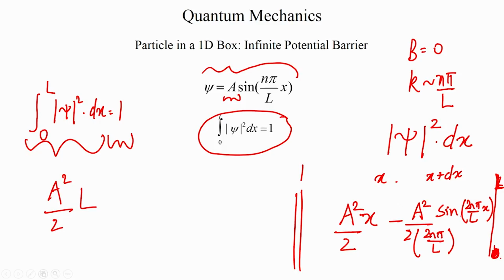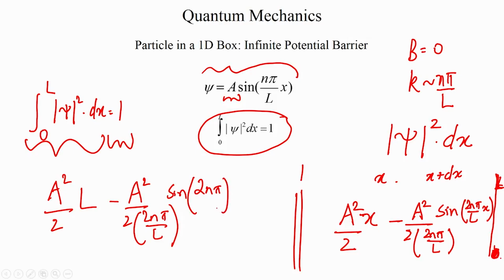And the second term, when I throw in an L there, you should get minus A square by 2 into 1 over 2n pi by L, sine of 2n pi. And when I throw in a 0 there, I just get a 0, so minus 0. So this entire term must be equal to 1.